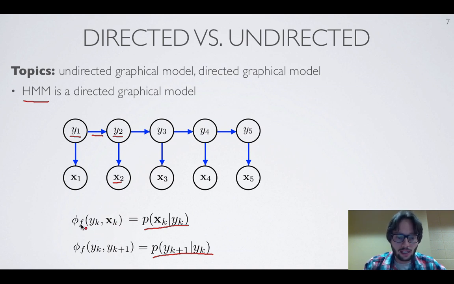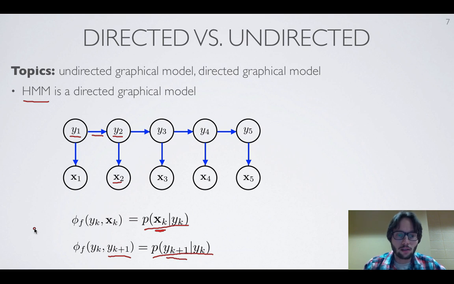So for instance, this factor would sum to 1 with respect to xk, because it's a conditional probability. It's a distribution over xk. And similarly, this factor between pairs of labels would sum to 1 with respect to yk plus 1 because it's a conditional distribution over yk plus 1.